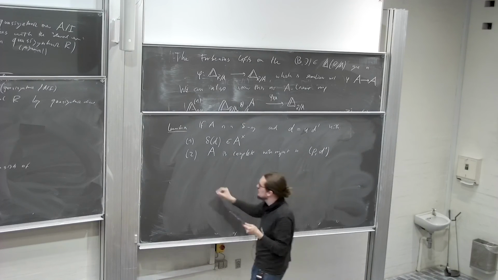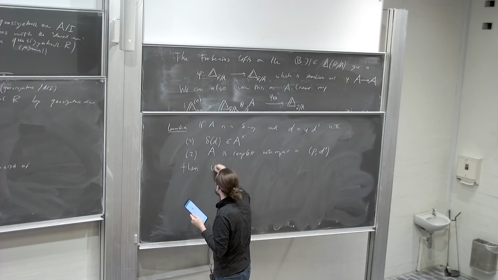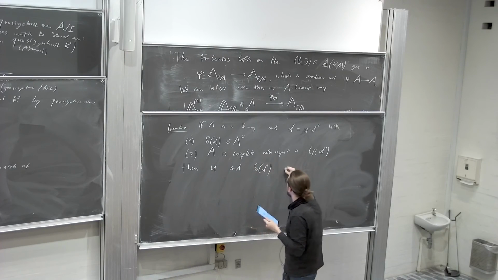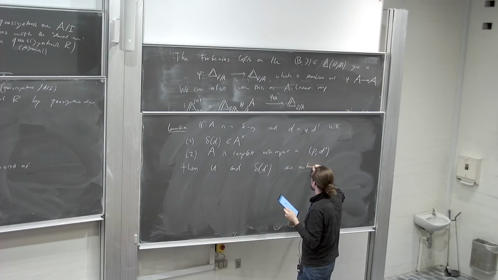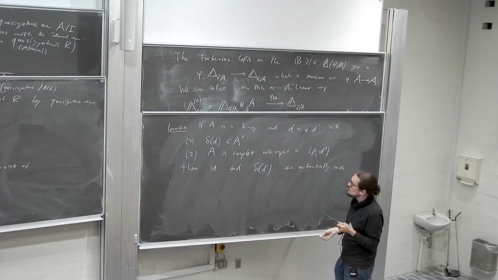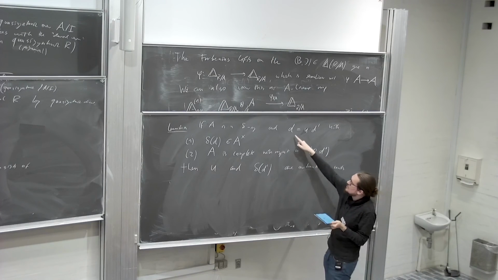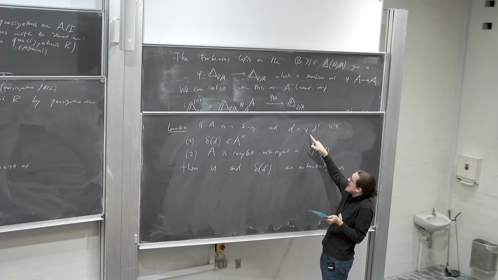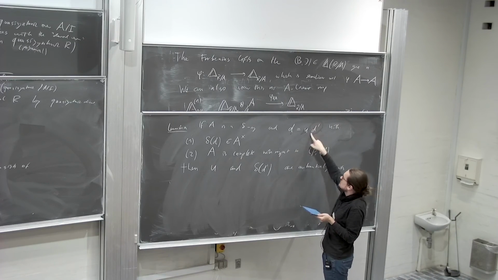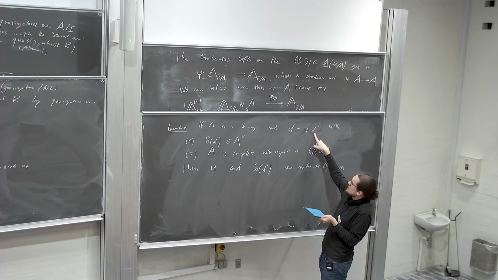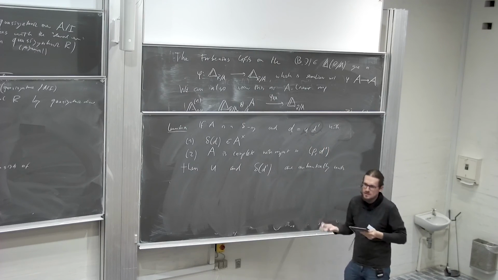Then u and delta d prime are automatically units. So basically we're starting with a distinguished element, and if that's divisible by anything that's in a sense topologically nilpotent, that guy also has to be a distinguished element, and they can only differ by a unit, right?